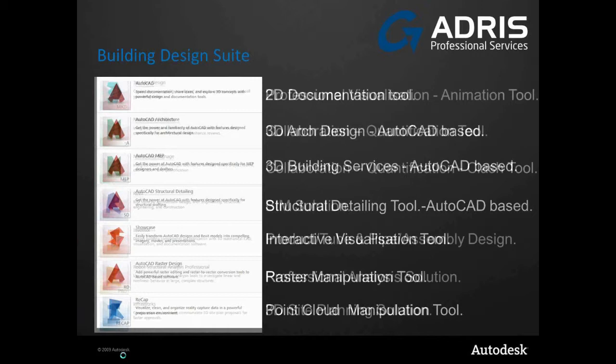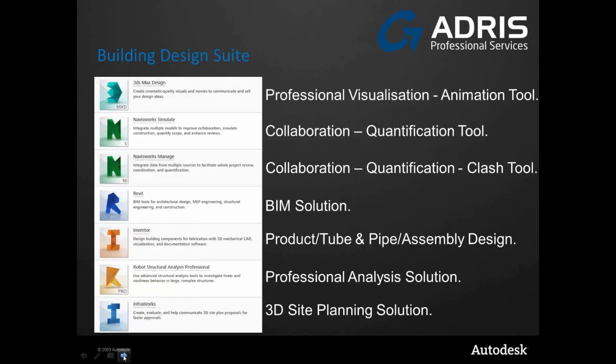You can use the quantification tools within Navisworks and the sequencing tools based in Navisworks as well. There are two versions: a Simulate and a Manage version of Navisworks, and depending upon the functionality you require would dictate which one you use and therefore which part of the suite you would invest in.